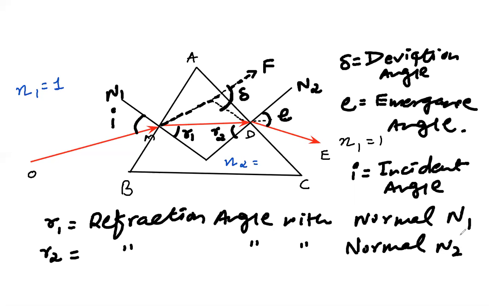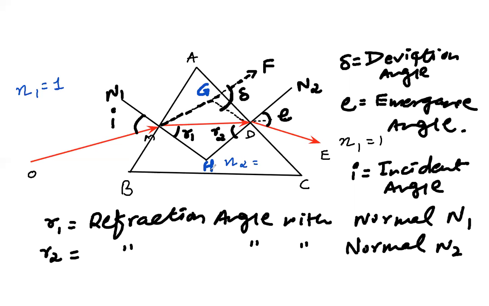Now you can see that if I use this type of nomenclature, I am adding one more name, G, and I am putting H. So you can see one parallelogram with M, G, D and H. If I compare angle A and angle H, R1 plus R2 and angle H make 180 degrees because it looks like triangle MDH.